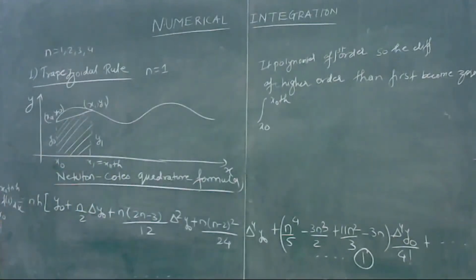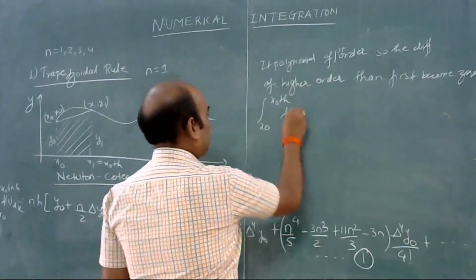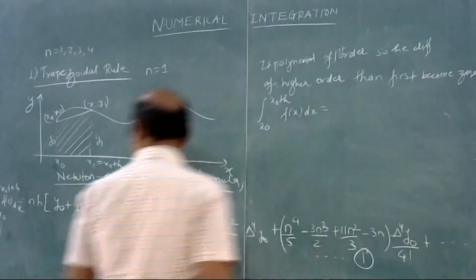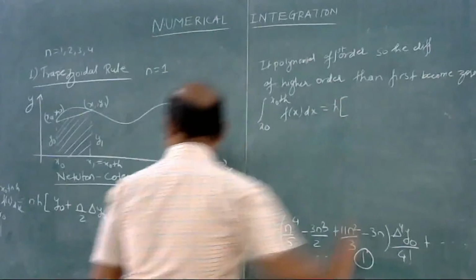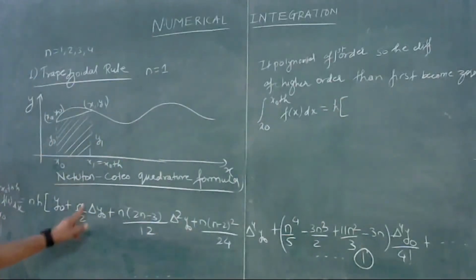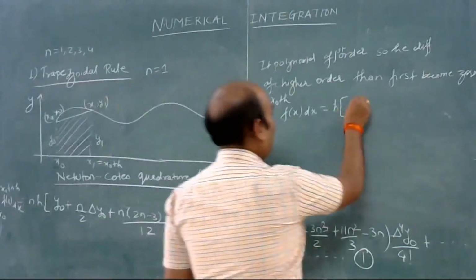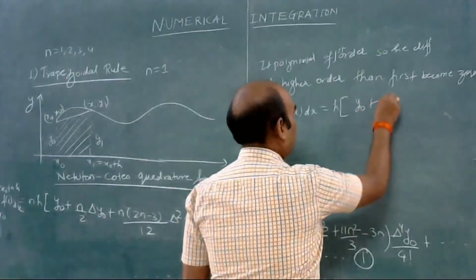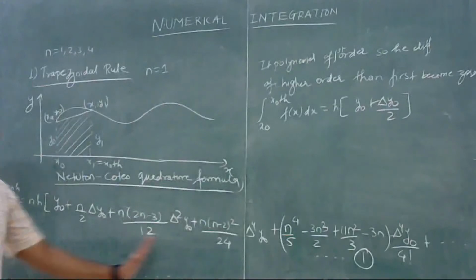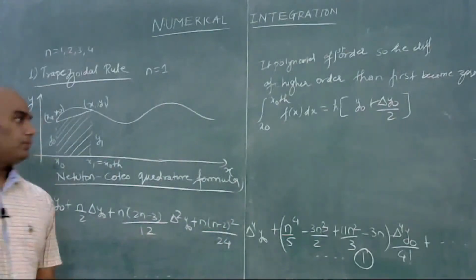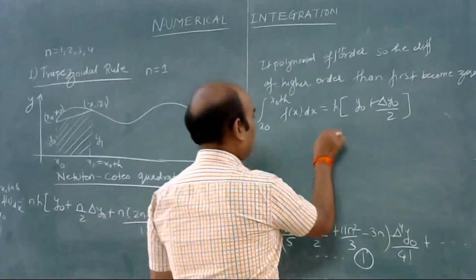Here n is 1, so this will be h. So the integral of f of x dx is equal to 1 into h, then y0 plus n, which is 1 upon 2, times del y0, and the higher order terms will become 0.